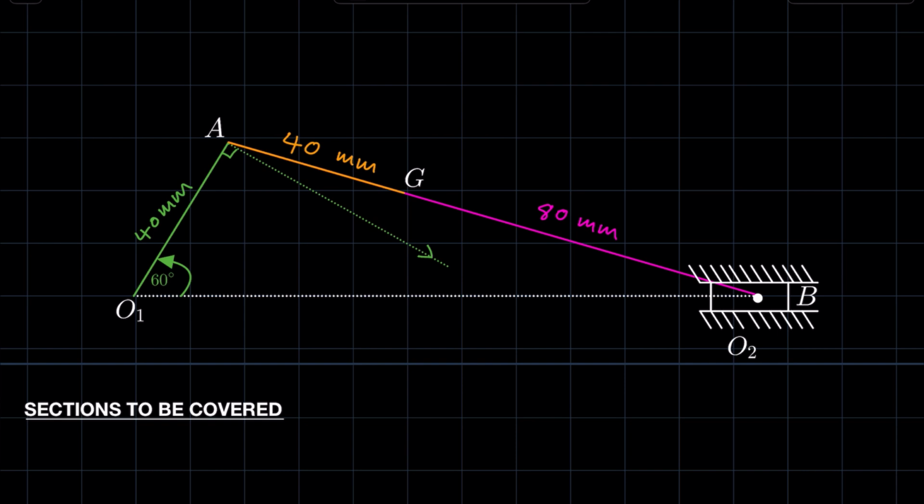The direction is such that it corresponds with how the crank is rotating. Remember I said the crank is rotating clockwise. So if the crank is rotating clockwise, its tangential velocity will point in that direction, perpendicular to the link.